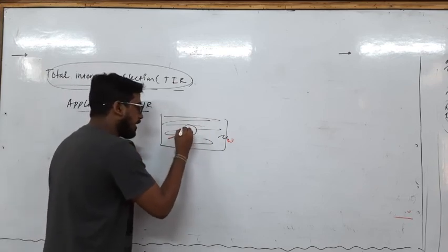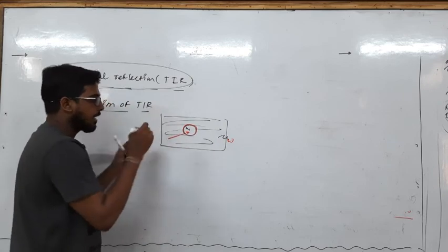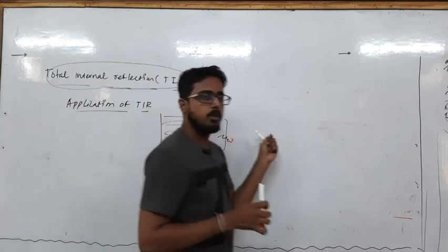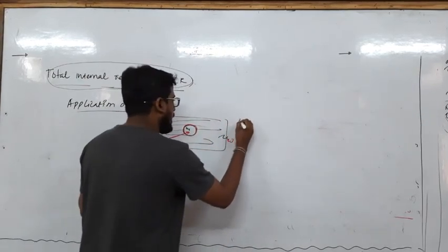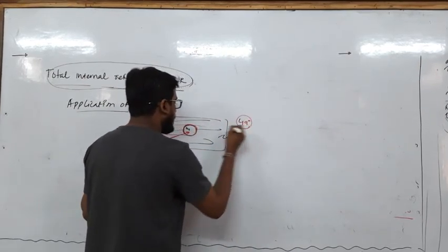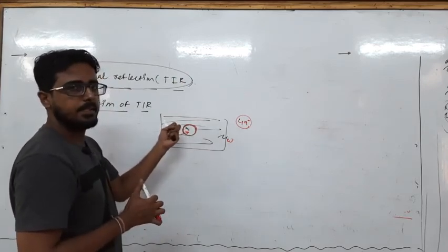If the light is incident on the air bubble surface at an angle greater than the critical angle, which is nearly equal to 49 degrees, then the light will be trapped within the air bubble and it will start shining. Clear?